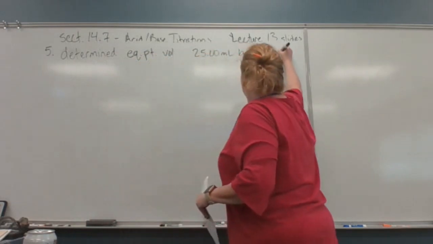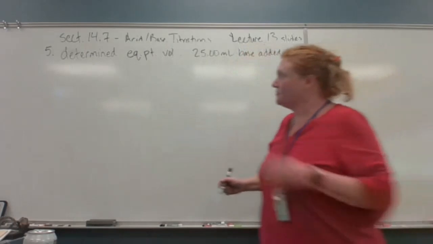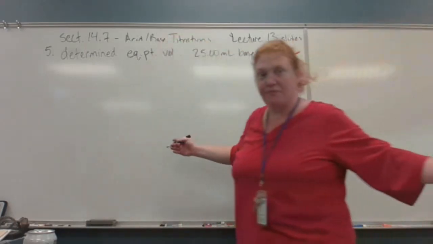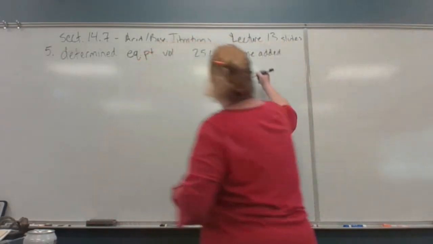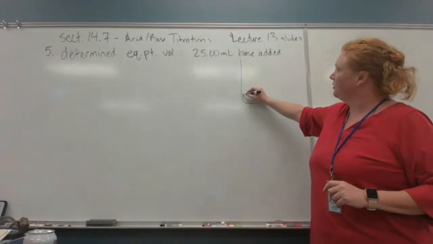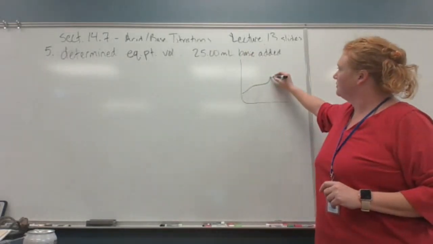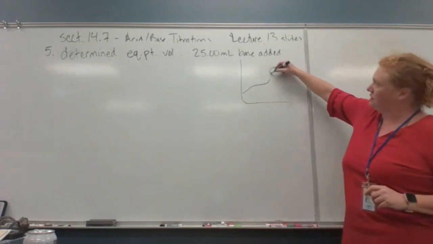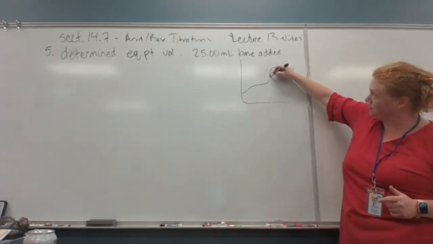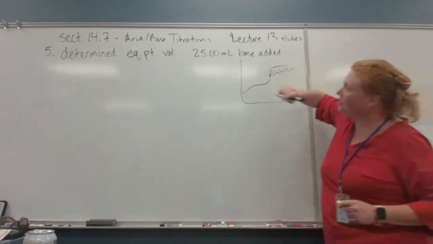Anything above 25 is therefore after the equivalence point, right? If you're thinking about our titration curve, then we're anywhere in this region, post equivalence point, because there's the equivalence point. So we're anywhere in this area, right?